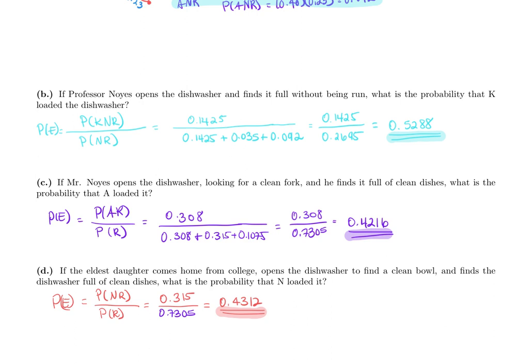In reality, though, she probably really didn't load the dishwasher that much because she was busy at the time in high school. But I thought it would be fun to do a probability problem based on a sort of real life situation in my house.